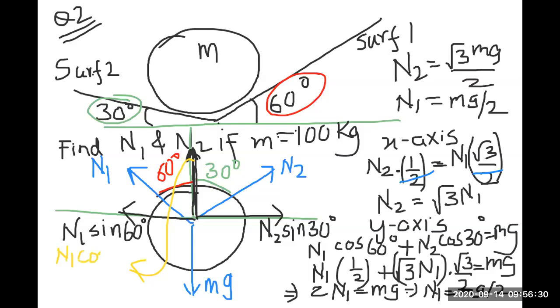N1 cos 60, N2 cos 30. आया समझ में पार्थ? ये ऊपर वाली forces है और ये नीचे वाली forces, दोनों को equate कर दिया. Equate the forces along positive y-axis with the forces along negative y-axis. आया पार्थ समझ में?